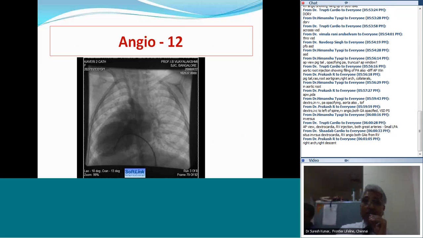The question is, what is the diagnosis? Any ideas?